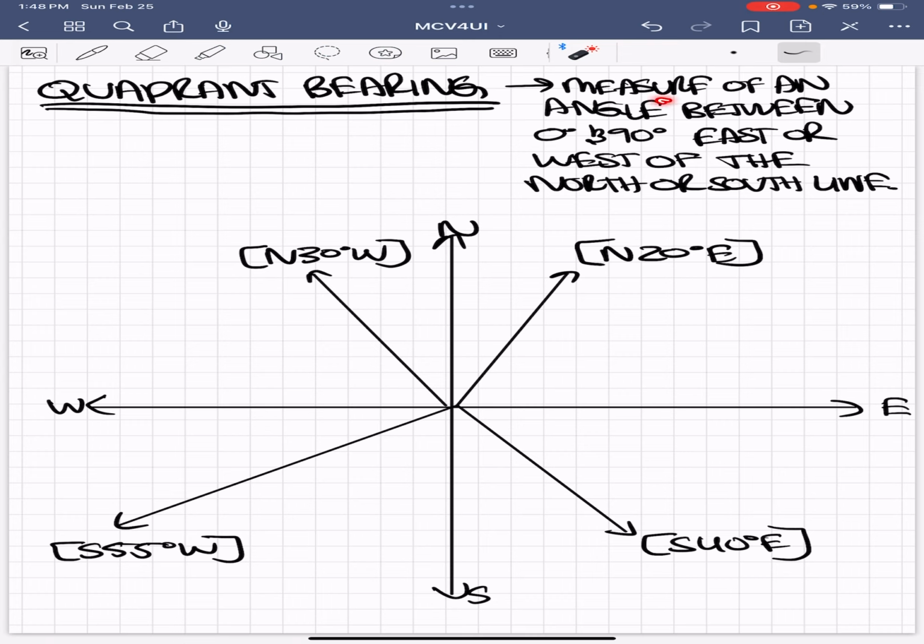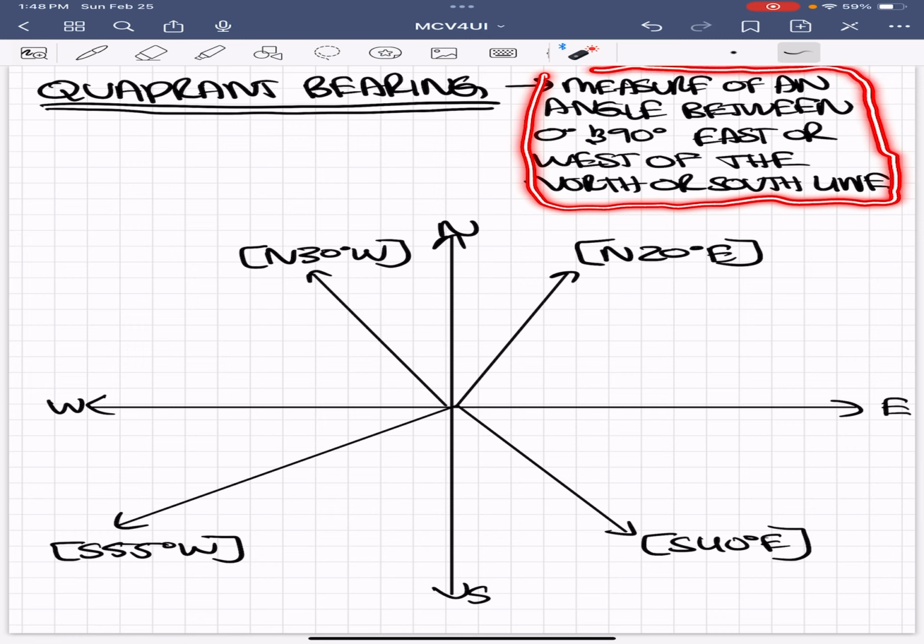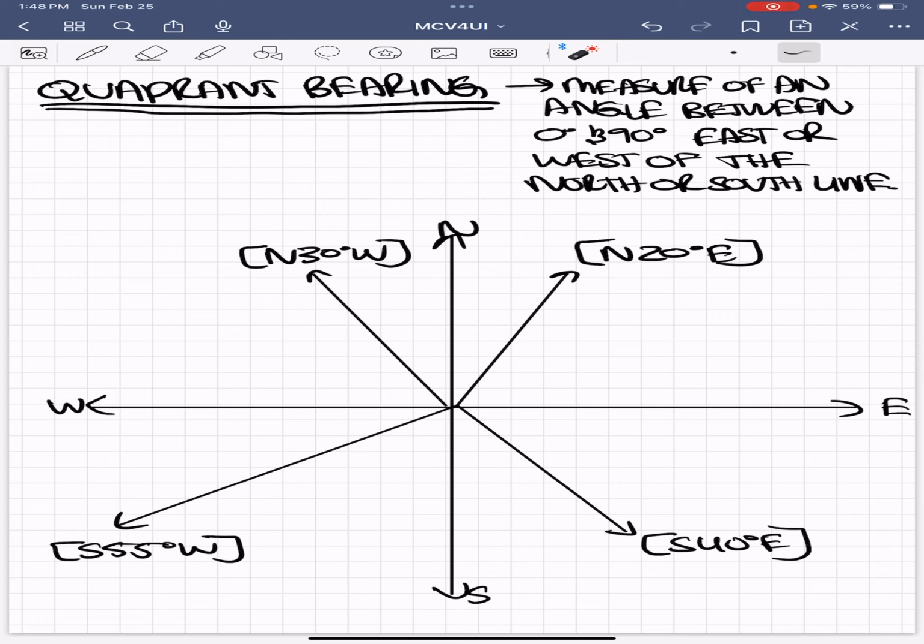So it's a measure of an angle between 0 and 90 degrees, east or west of the north or south line. So right here, I have north 20 degrees east. So it's 20 degrees from the north line.